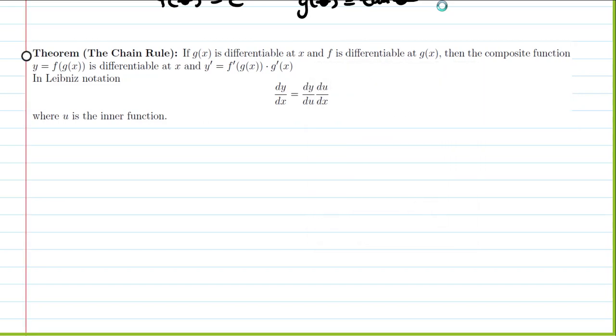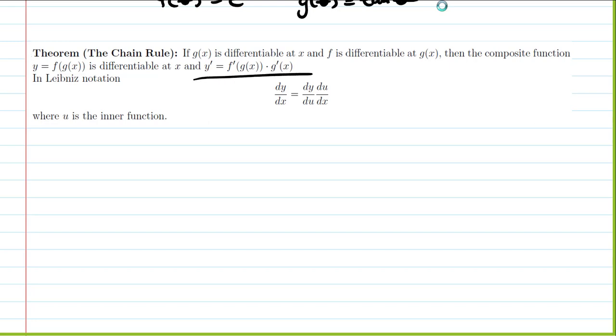The chain rule states if g is a differentiable function at x and f is a differentiable function at g of x, then the composite function y equals f evaluated at g of x, or f circle g of x, is differentiable at x, and y prime is equal to f prime evaluated at g of x times g prime of x. So it's the derivative of the outside evaluated at the inside times the derivative of the inside.